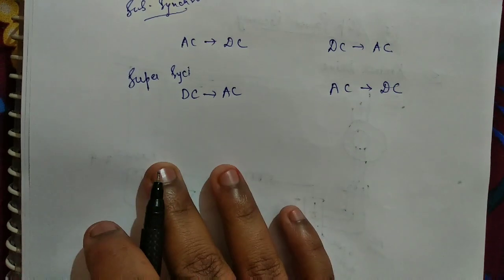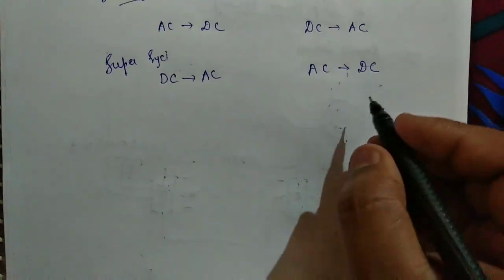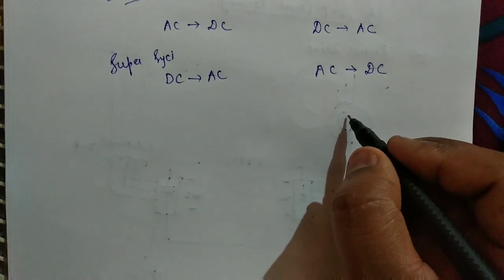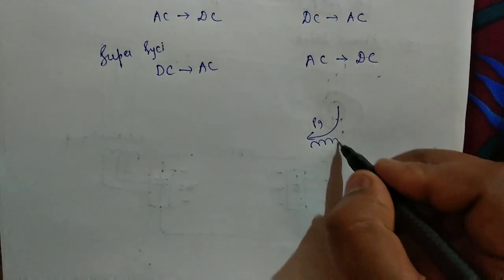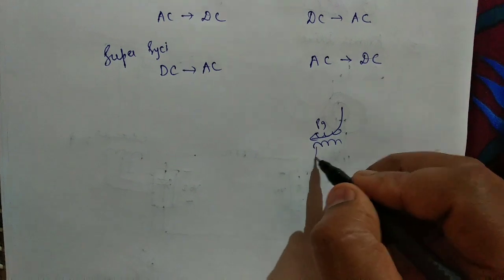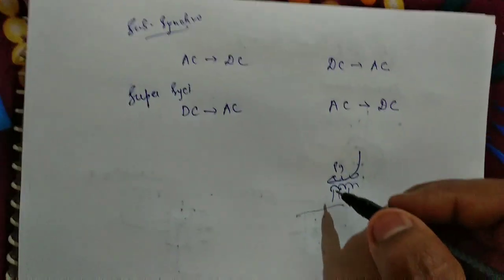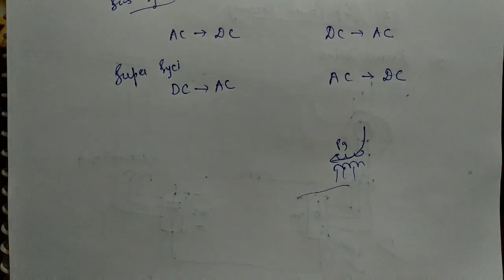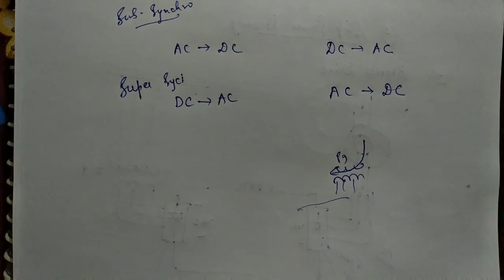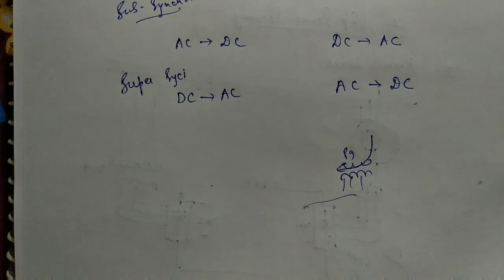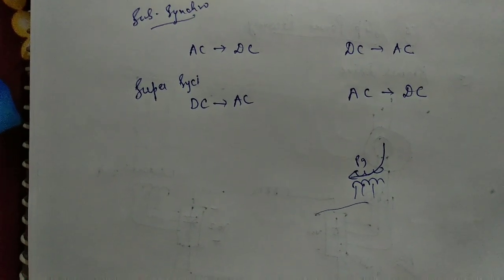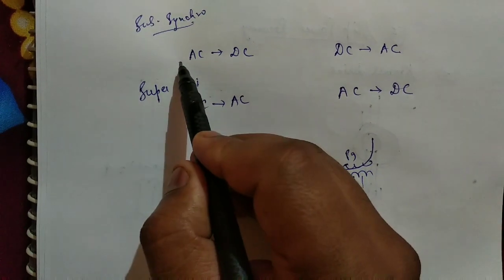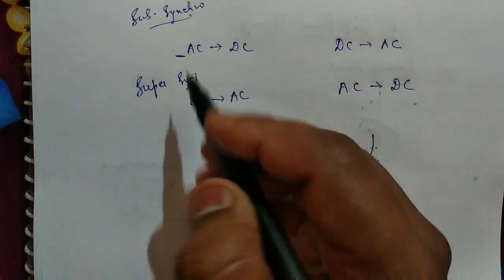So in this method we can take power from the transformer side also. So in this method we can control the speed above rated speed or less than rated speed. Subsynchronous can be achieved like Kramer's method.